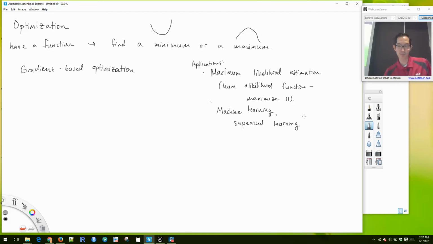Linear regression is a very basic form of supervised learning. You've got some X inputs, some known Y outputs associated with each of those X's, and you're trying to find a function that optimizes something there. Linear regression falls under this.